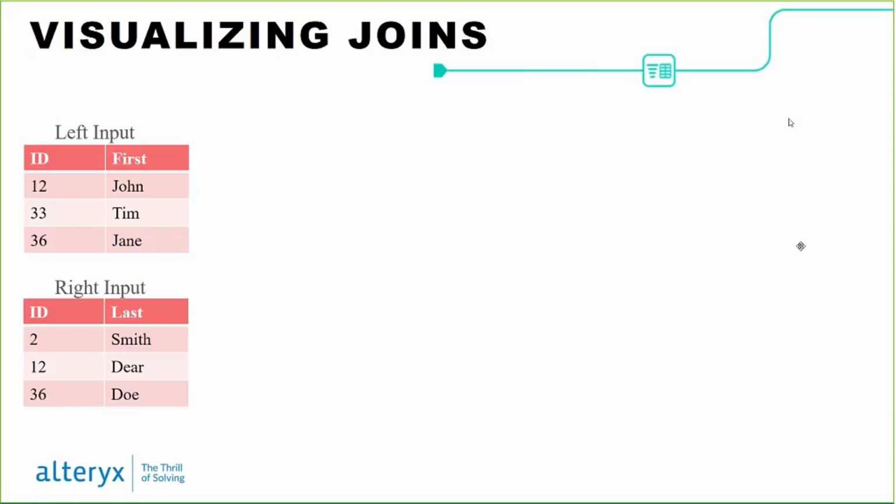The Join tool is possibly the most commonly used tool in the blending palette. I won't say just in Alteryx Designer, but in the whole tool palette. First of all, if you don't come from a data background, it's important to understand why we even have to blend.